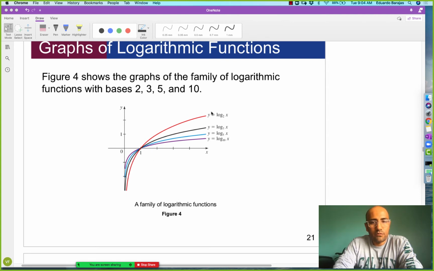Log base 2 of x, log base 3 of x, log base 4 of x, log base 10, right? So various shapes of logs. And they are all, again, the mirror image across the line y equals x of the functions 2 to the x, 3 to the x, 4 to the x, 5 to the x, 10 to the x power. Any questions about these?